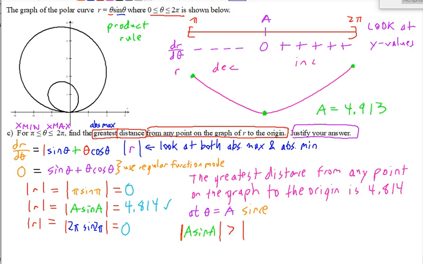If there are different values, you could put them in order, but here it doesn't matter which one you put first because they're the same anyway. And here it's not greater than, it's just equal to the absolute value of 2 pi sine of 2 pi, because they're both 0 in this case. Let's see how we justify.